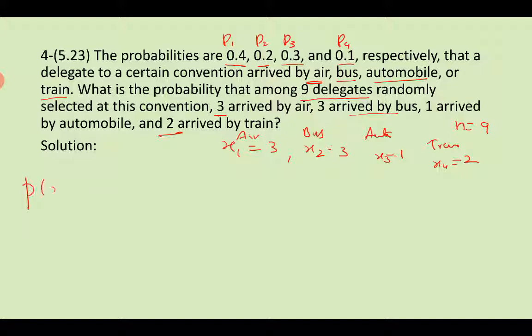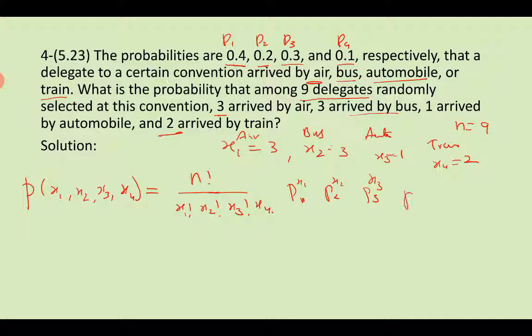Now the question is, what is the probability of all these x1, x2, x3 and x4? This is multinomial, isn't it? The formula is n factorial over x1 factorial, x2 factorial, x3 factorial, x4 factorial, into p1 to the power x1, p2 to the power x2, p3 to the power x3, and p4 to the power x4.